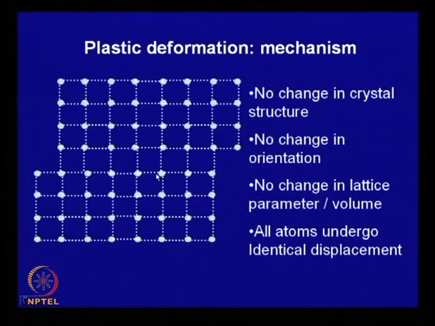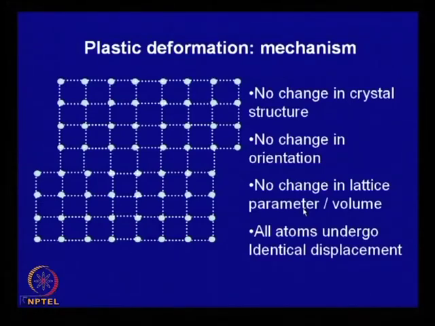And if you look at the crystal structure, on both sides the crystal structures are identical, there is no change in lattice parameter, there is no change in orientation, there is no change in volume.